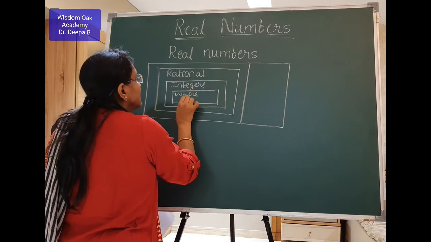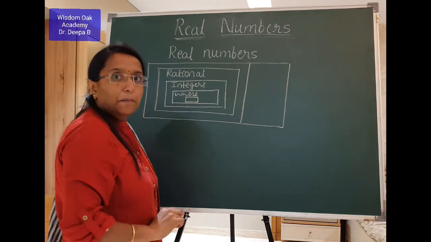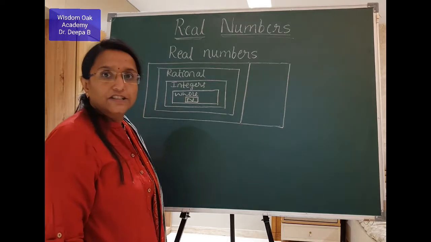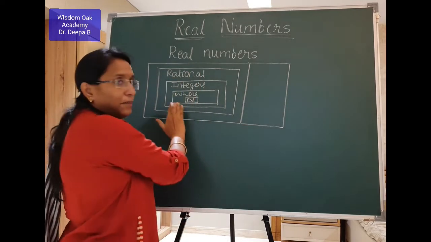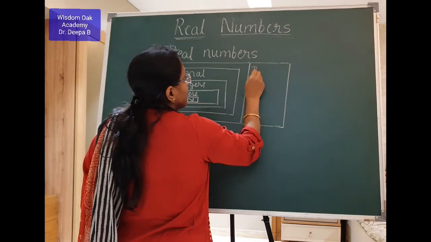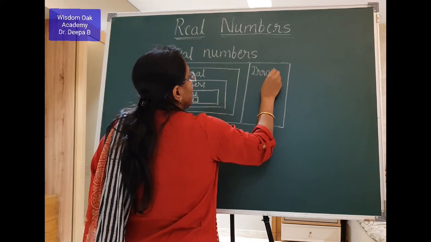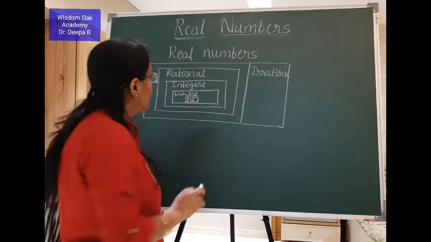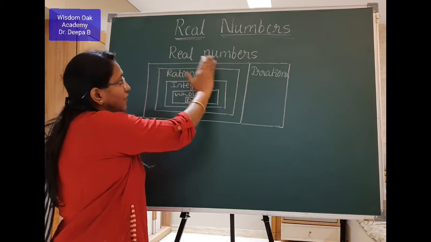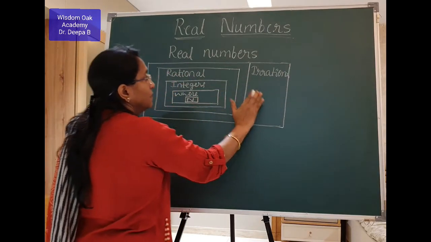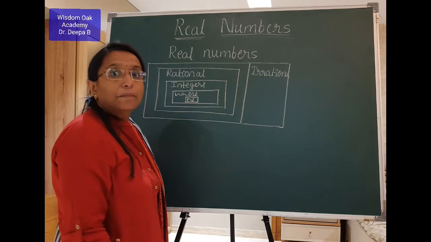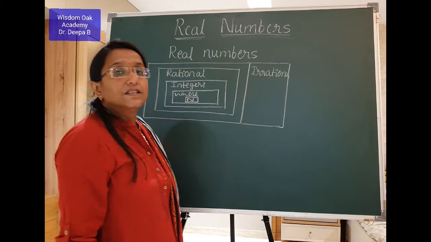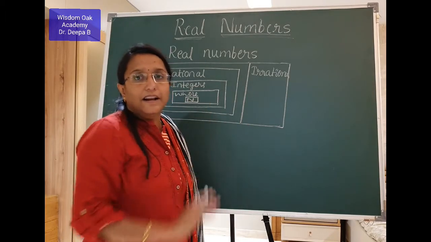Next, my sibling or my chota bhaiya or bhai. Then this is natural numbers, set of natural numbers. So these are all family members. Next here, irrational numbers. Irrational numbers, as I have told, it is family of pets and all animals. So this together, that is a set of rational numbers and irrational numbers, together it becomes family of real numbers. So real numbers is nothing but it consists of rational numbers and irrational numbers.